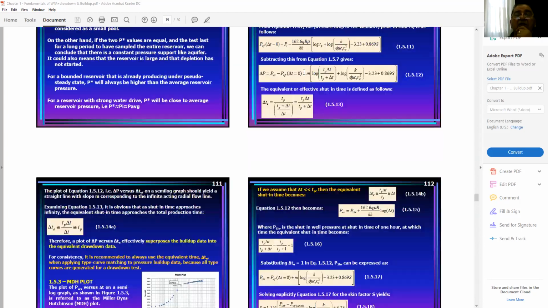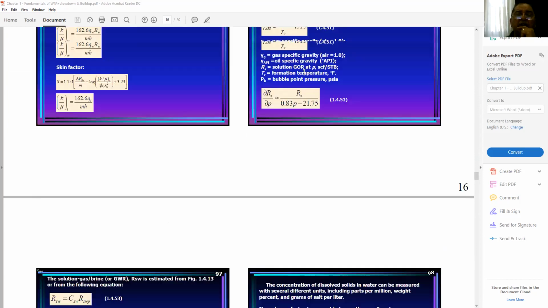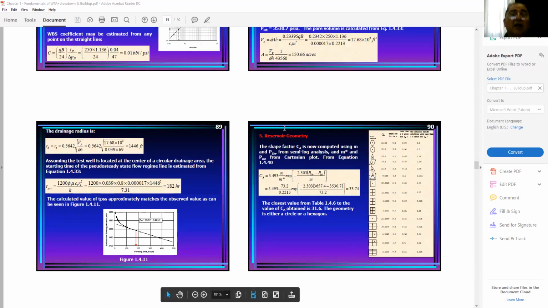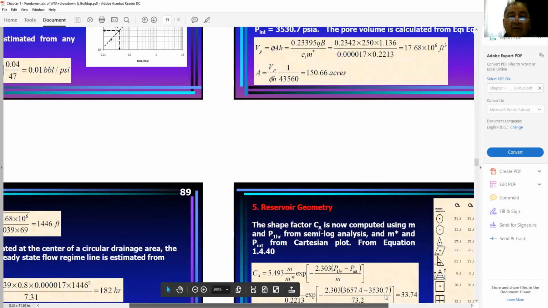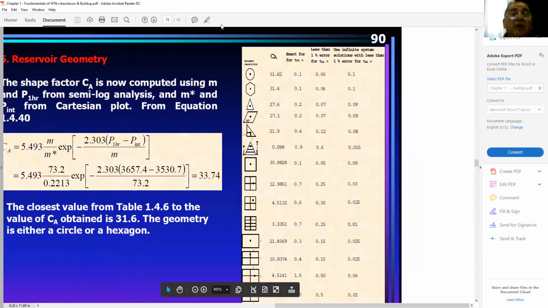Table 146, what is this for? If you remember, guys, when we talked about the shape factor, this is table 146. Let me make it bigger so you can see it very well. If you look at this table, this is the one that we are looking for: exact for TDA greater than 0.1.